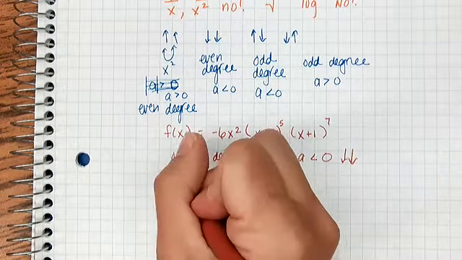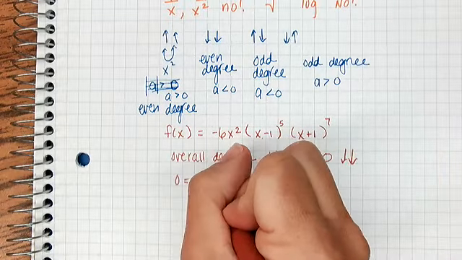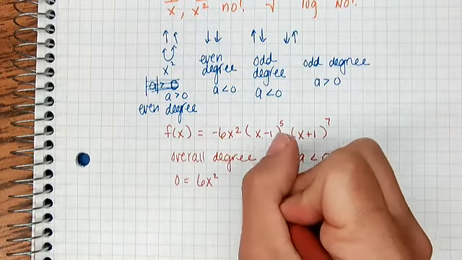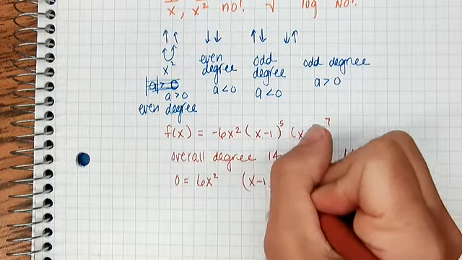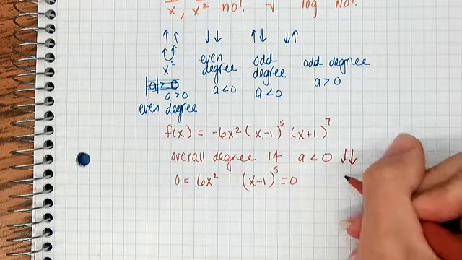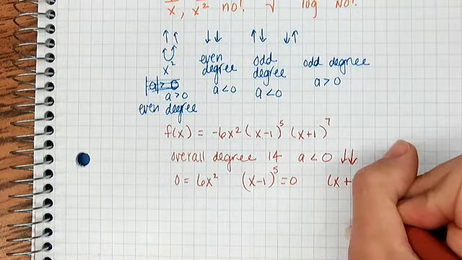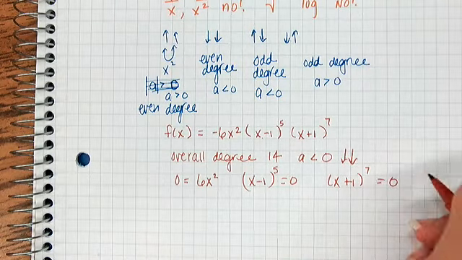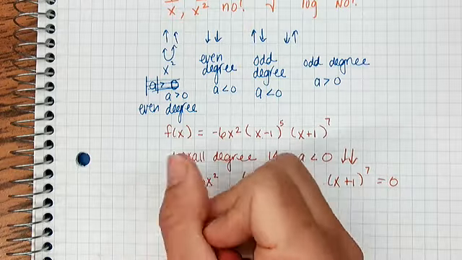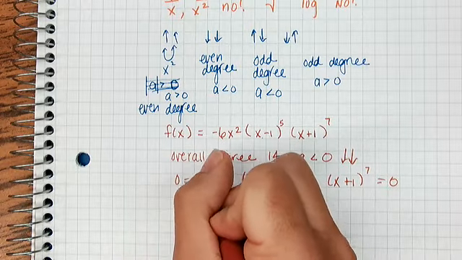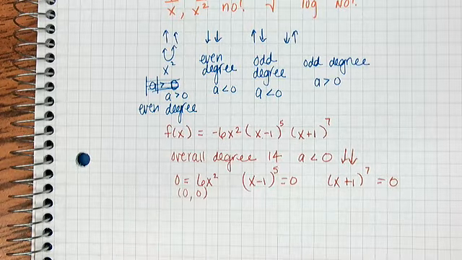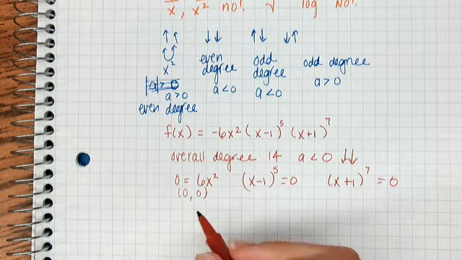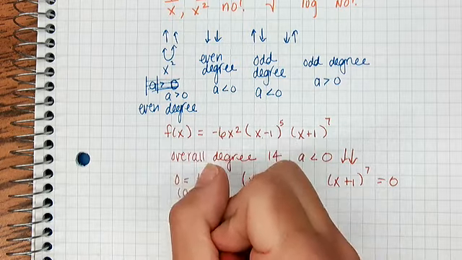Set each factor equal to 0. This would be an x-intercept at the origin, and the degree would be 2.